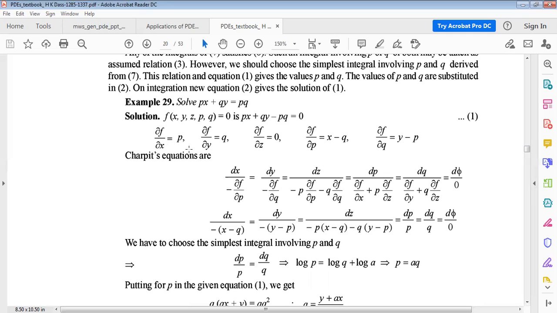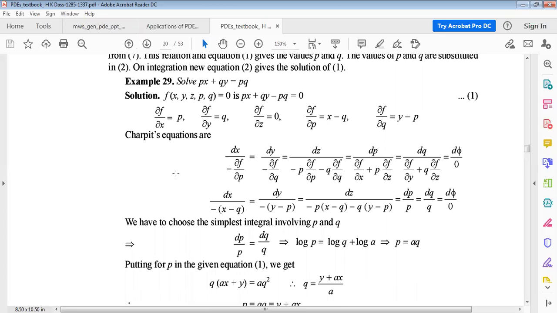Actually, we must know what p and q are. p is del f del x, the partial differentiation of f with respect to x, and the partial differentiation of f with respect to y will be q, and del f del z will be 0 in the given equation. So del f del p, taking partial differentiation with respect to p, is x minus q. With respect to q it will be y minus p, from this equation 1.